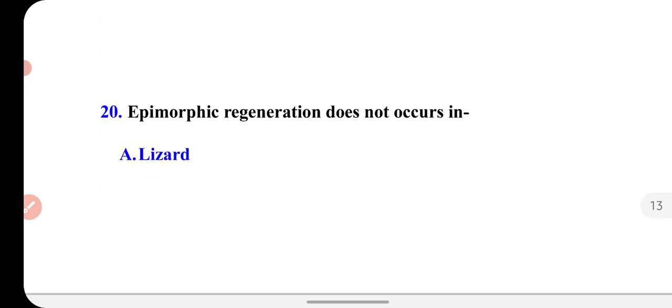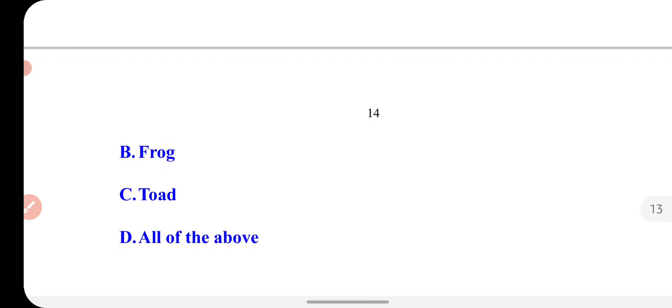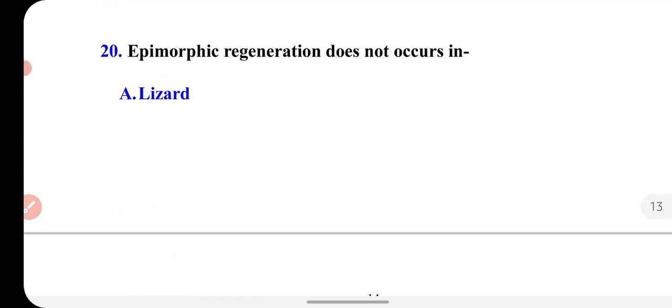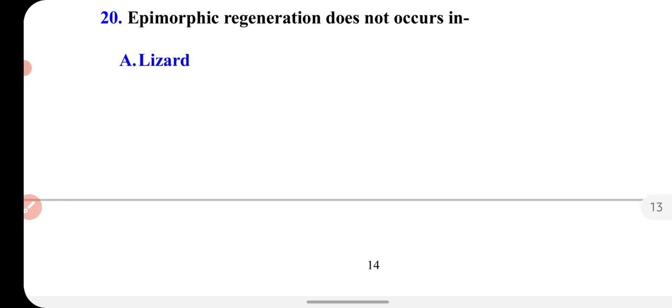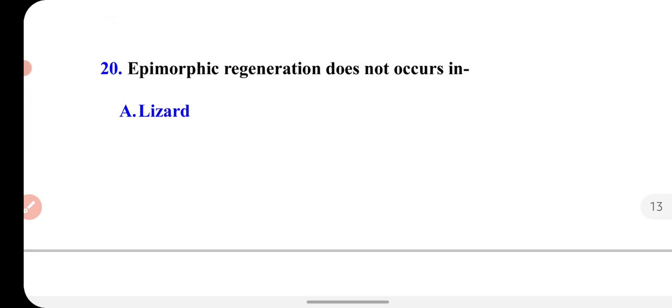Now the next question is, epimorphic regeneration does not occur in lizard, frog, toad, all of the above. You know that epimorphic regeneration is the kind of regeneration in which the lost part of the body is regenerated and developed into a complete part.